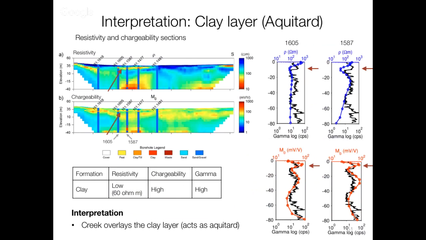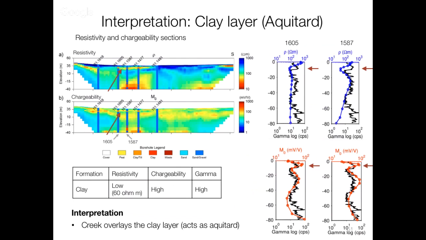The resistivity is characterized by something like that. It's very resistive right at the surface, and then there's this very low resistivity layer in here, becomes more resistive, and then it's very low resistivity there. There's a couple of drill holes on here. There's in particular 1587, which is sitting right in the middle here.